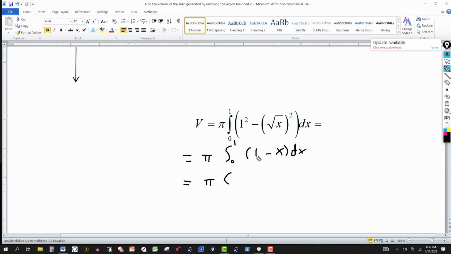So the integral of 1 with respect to x is x. The integral of x with respect to x is x squared over 2. Just a power rule, add 1 to the exponent, divide, you get this, and then evaluate from 0 to 1.